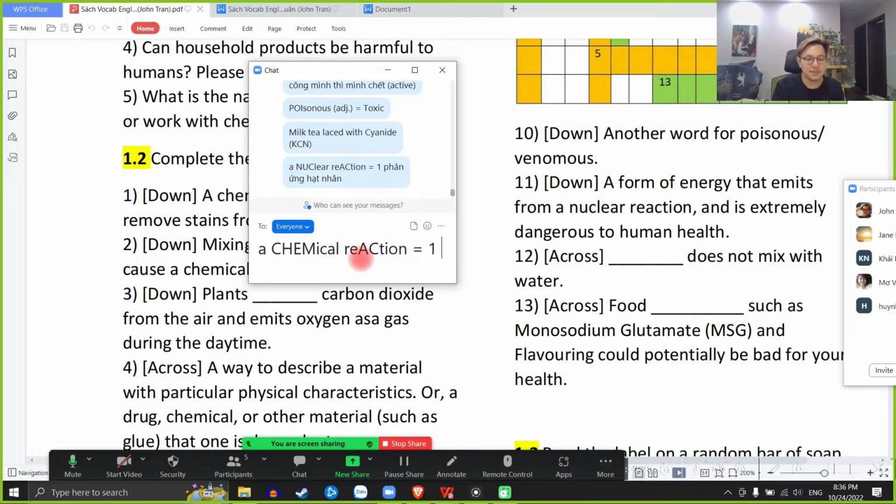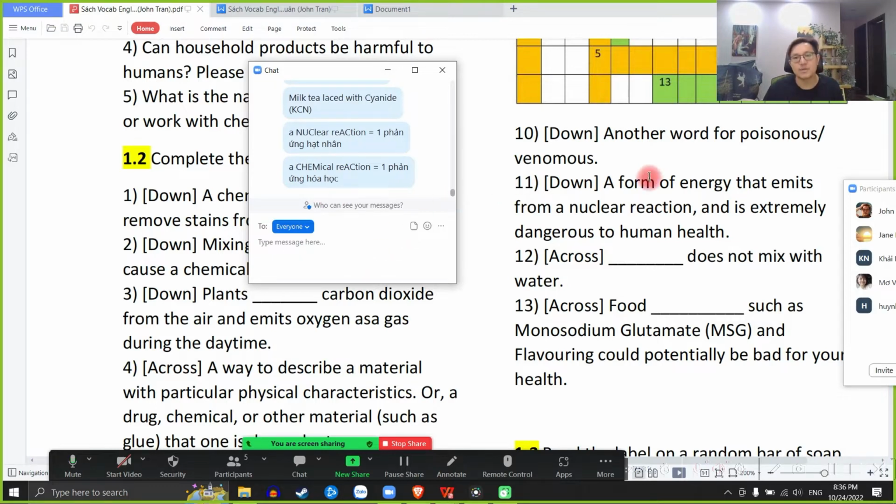So a chemical reaction là một phản ứng hóa học. So a form of energy that emits from a nuclear reaction, một dạng năng lượng mà nó phóng thích ra từ một cái phản ứng hạt nhân. And it's extremely dangerous to human health. Và rất là nguy hiểm đối với sức khỏe con người. Đó chính là phóng xạ.